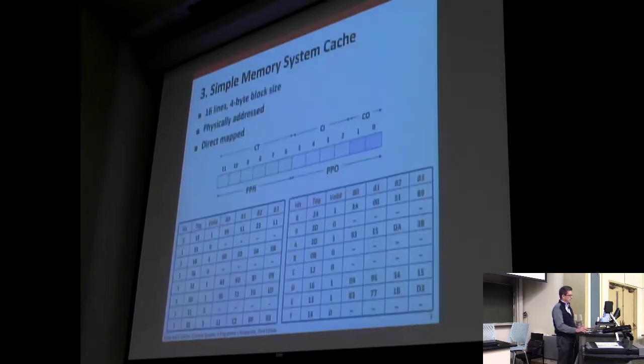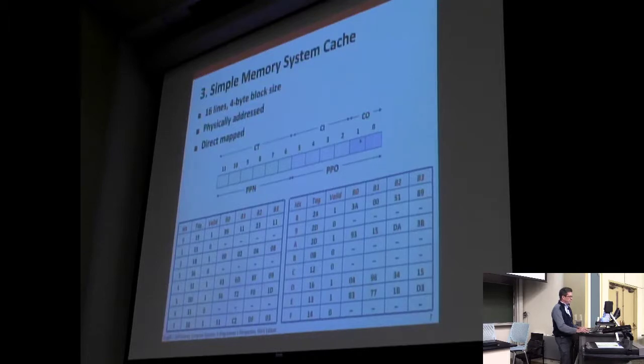Okay, and now we have a simple direct mapped cache. It's addressed with physical addresses, and it contains 16 sets, each with 1 line, and we'll assume a 4-byte block size.